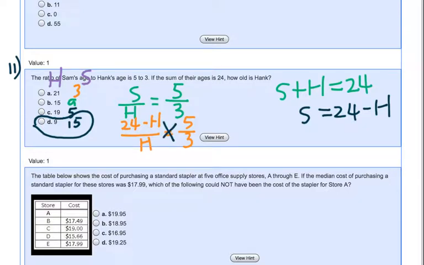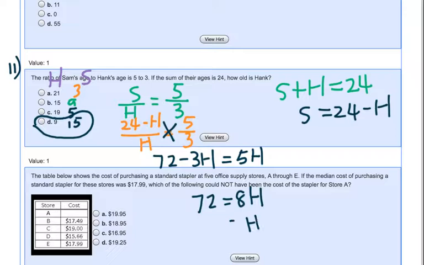And 24 times 3 will be 72 minus 3H equals 5H. Then I add 3H to both sides. You will get 8H equals 72. Then divide by 8, and H equals 9.